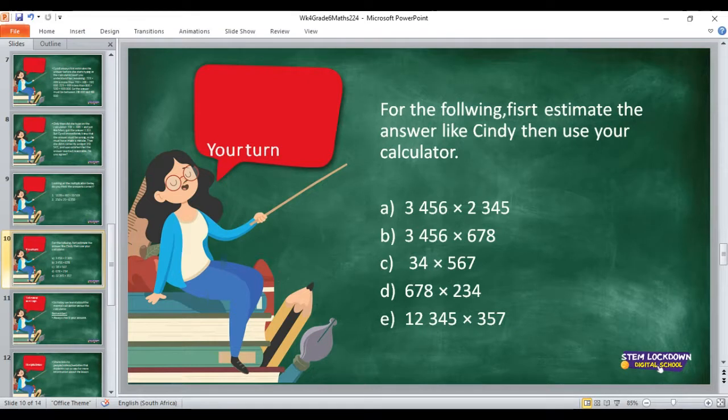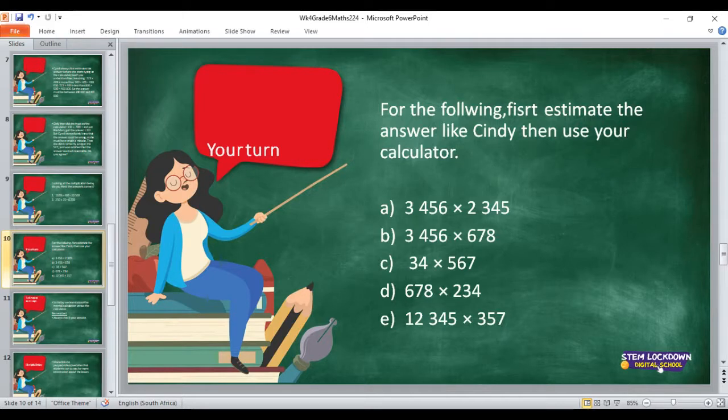Okay, for the first one, we must remember that we are dealing with thousands. So here for A, we have 3,456 multiplied by 2,345. And we did get the answer there, which was correct.